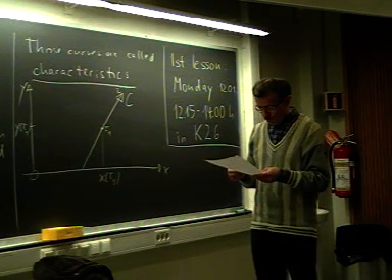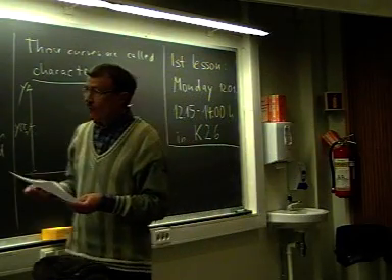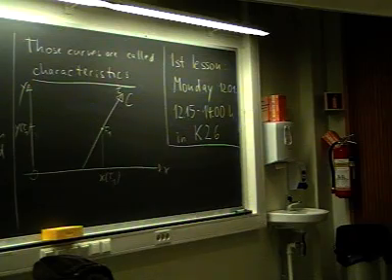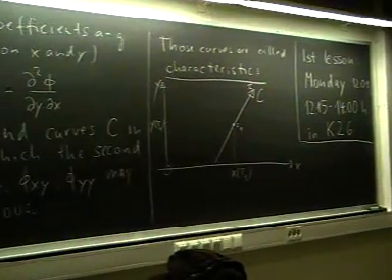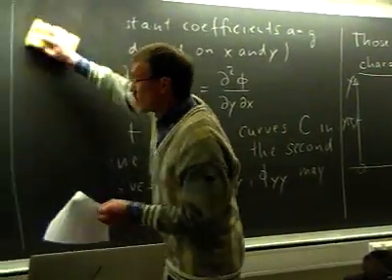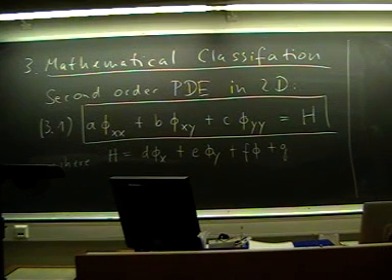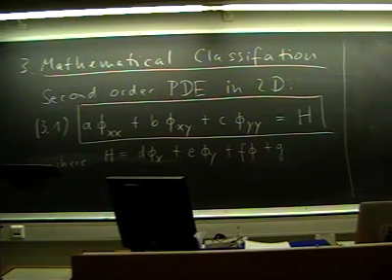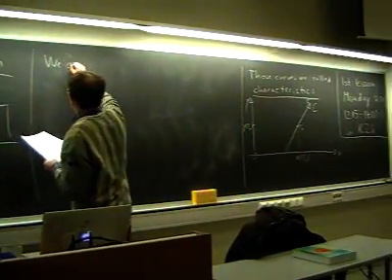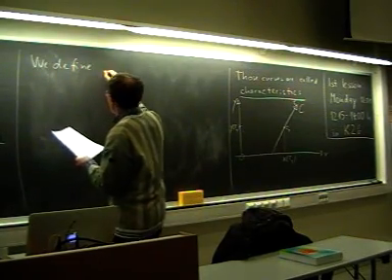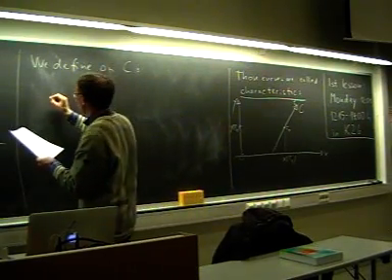And what we now do, we define quantities for the derivatives. So we shall use now this equation, this PDE 3.1. So we define on such a curve C the following parameters.